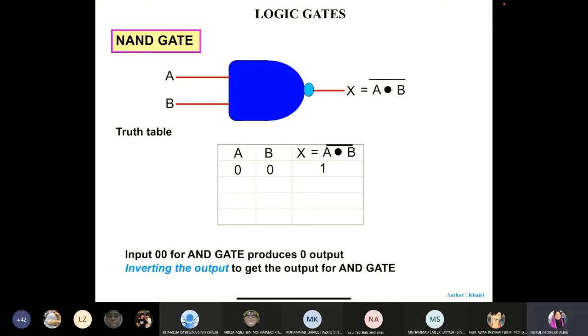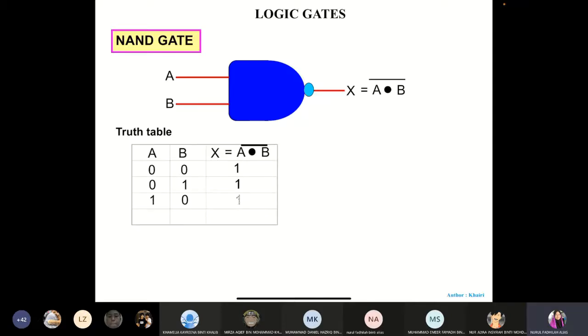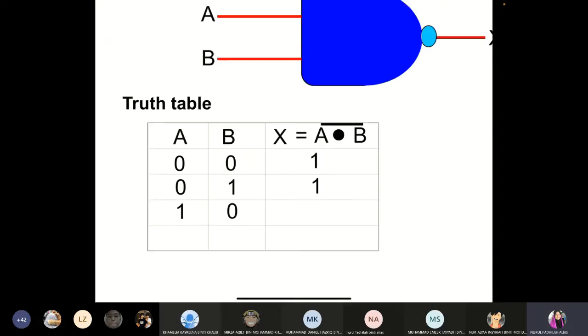Next, if you have 0 and 1, AND gives us 0 juga. Tapi kita opposite kan, kita dapat 1. Okay, and the same for 1, 0. Also we will get 1 because we opposite kan. And 1, 1: in AND, if we have 1, 1 kita dapat 1, so for NAND kita dapat 0. Okay, so it's opposite.